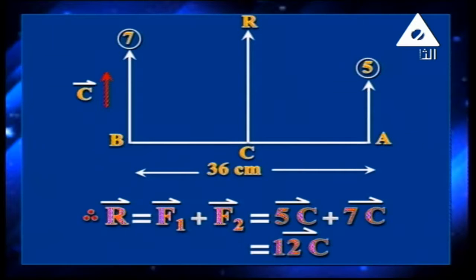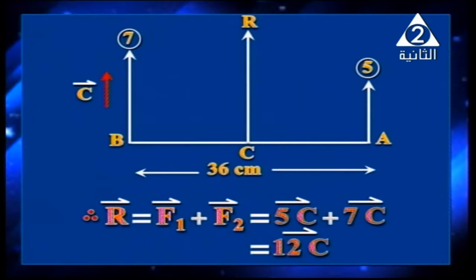Remember, my dear student, if we have two forces in the same direction, parallel or like forces, the resultant of the two forces equals the sum of the two forces.